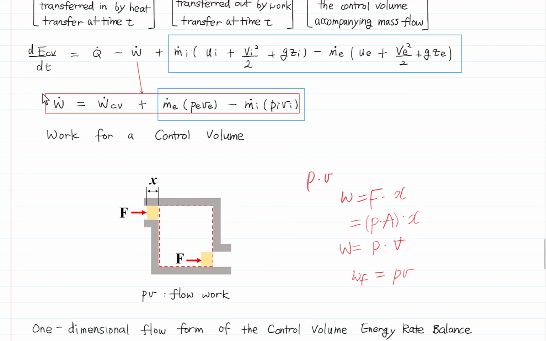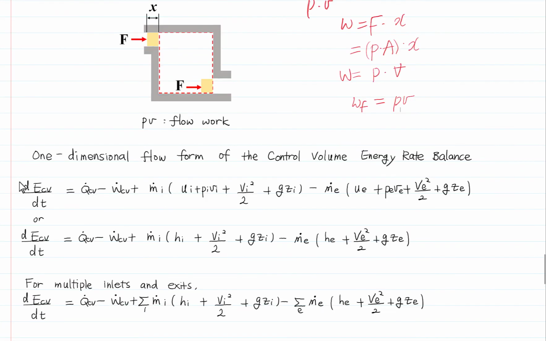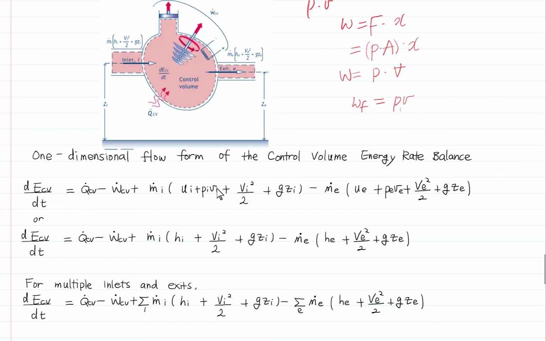The work for the open system has two parts: flow work, and all other energy transfer by work, such as electrical work and shaft work. Based on these two relations, we can write these equations: internal energy, flow work, kinetic energy, and potential energy.